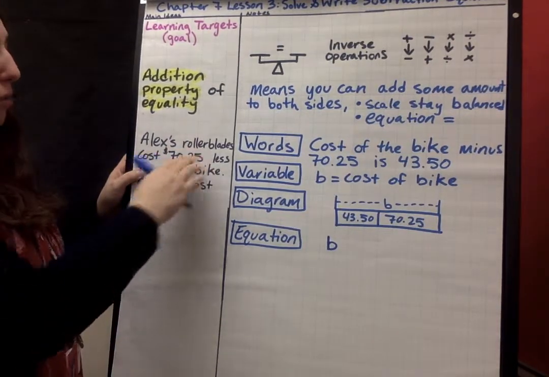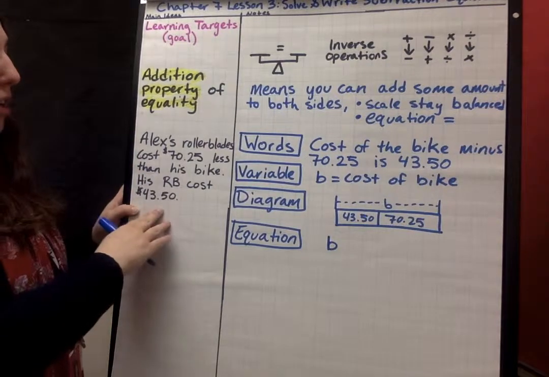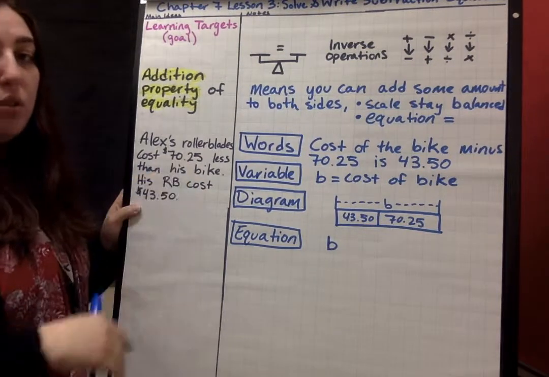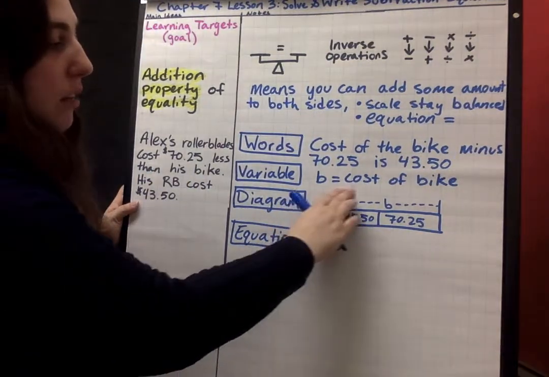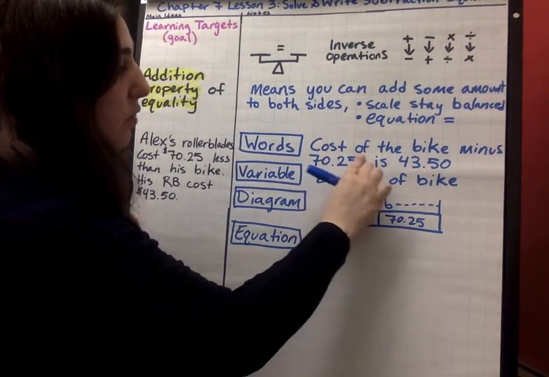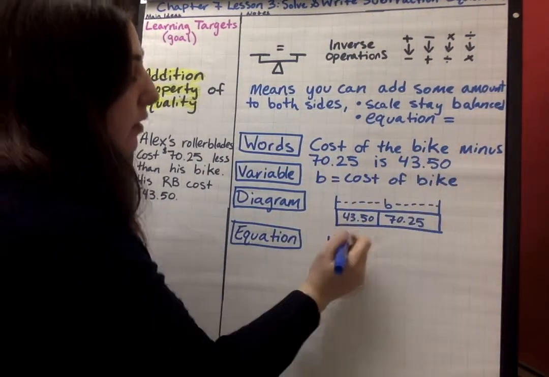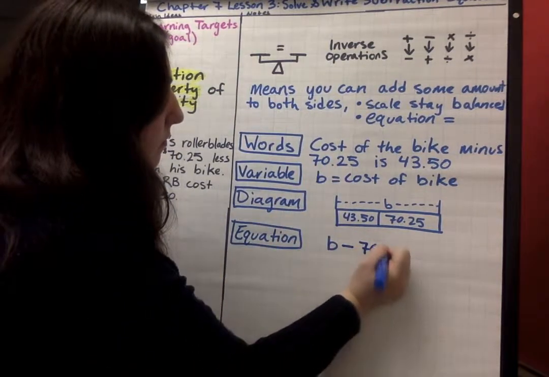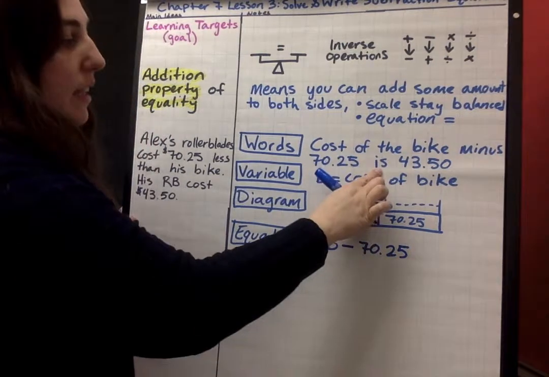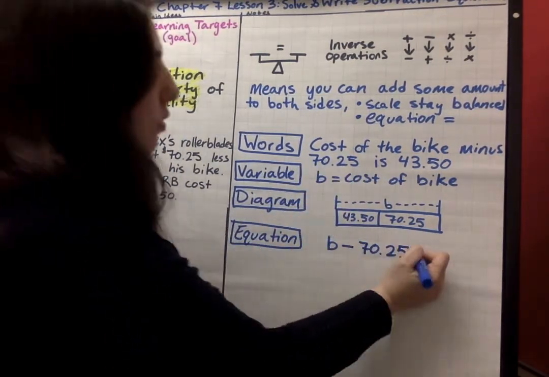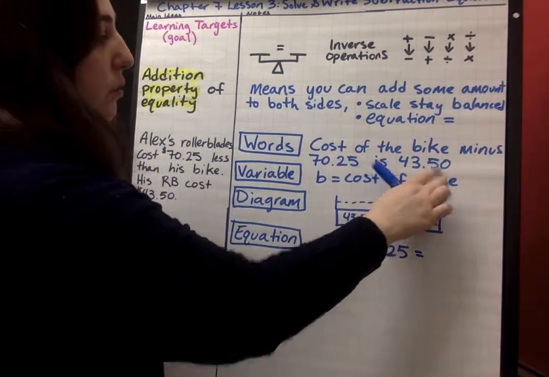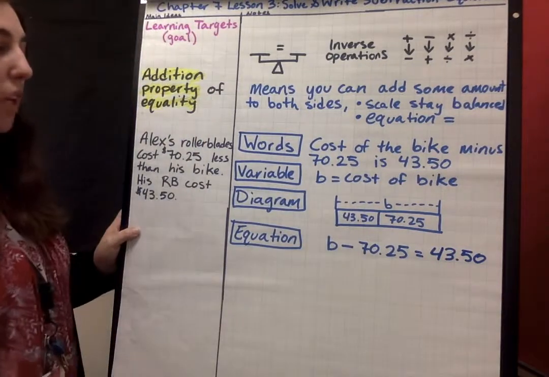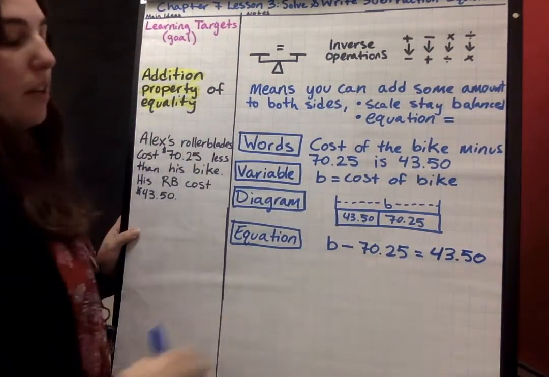I want to try to find the cost of the rollerblades, which I know. But it's going to be the bike minus 70.25. So B, cost of bike, which it says right here, cost of the bike minus 70.25 is, and in math is means equals 43.50. Okay, so this is our equation right here.